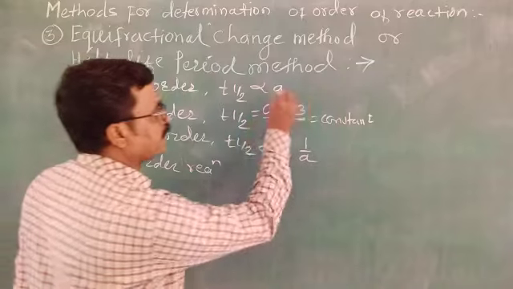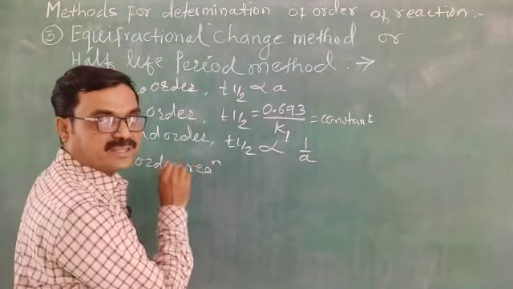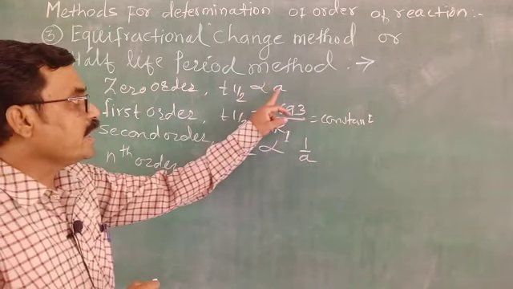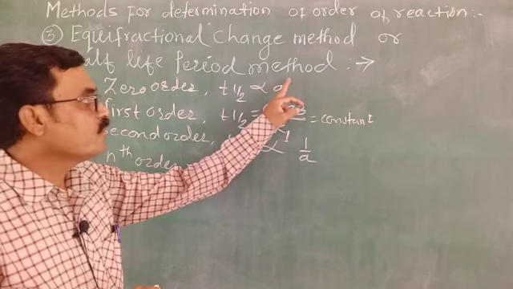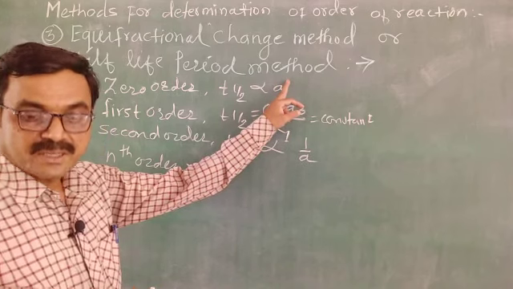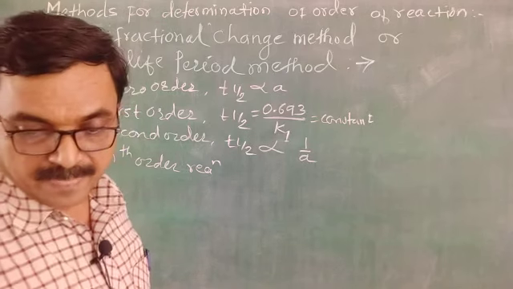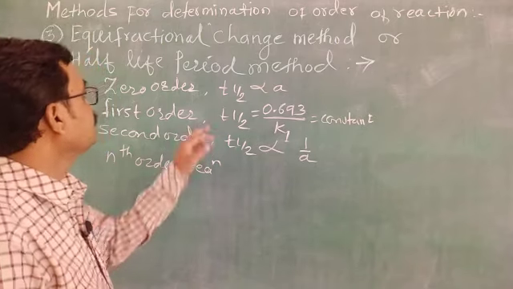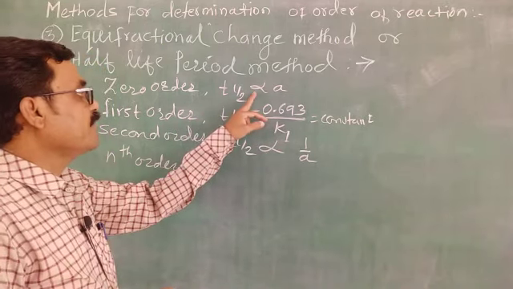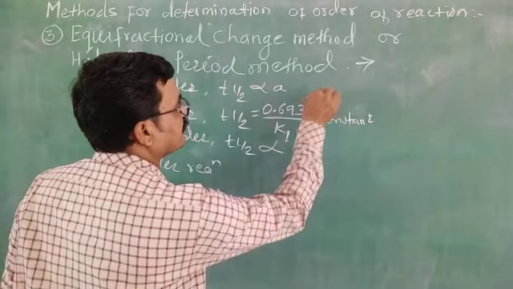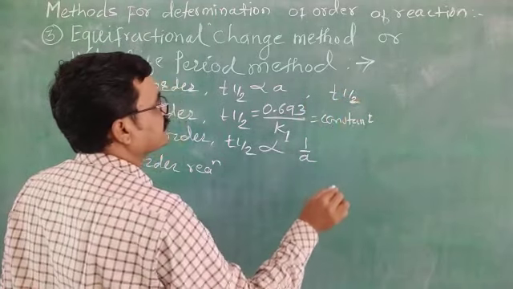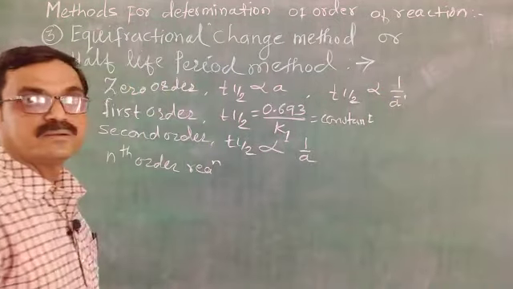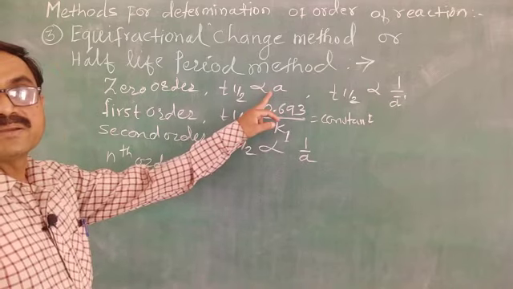Now see, for a zero order reaction, T half is directly proportional to the initial concentration A. This may be written as T half is proportional to 1 upon A raised to power minus 1. Same thing.